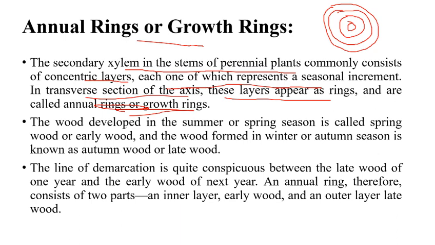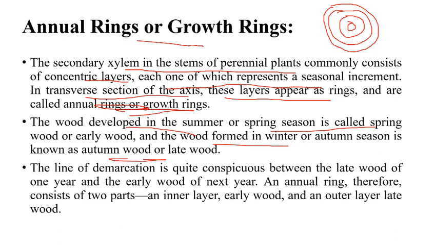The wood developed in the summer or spring season is called spring wood or early wood, and the wood formed in the winter or autumn is called autumn wood. So at two times of a year, wood is developed. One is summer or spring, called spring wood, another one in autumn, called autumn wood or late wood.